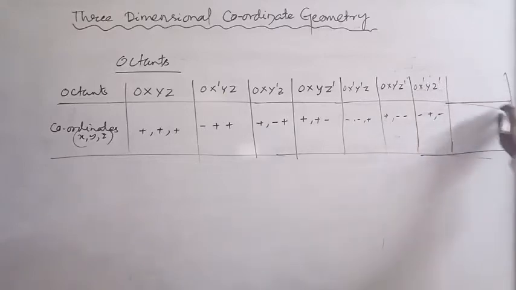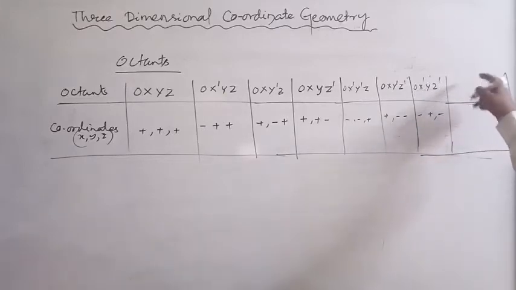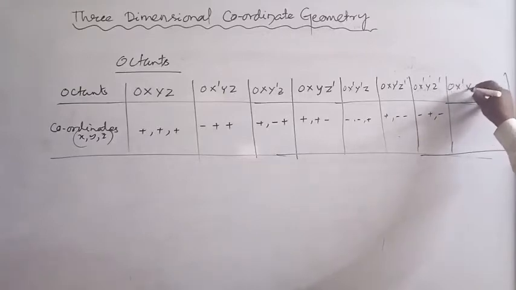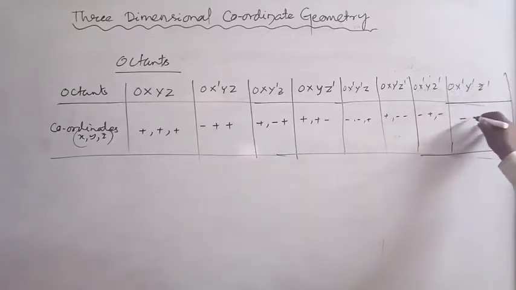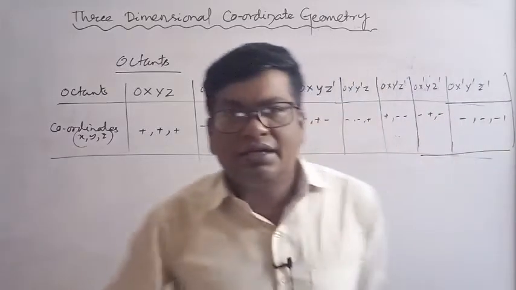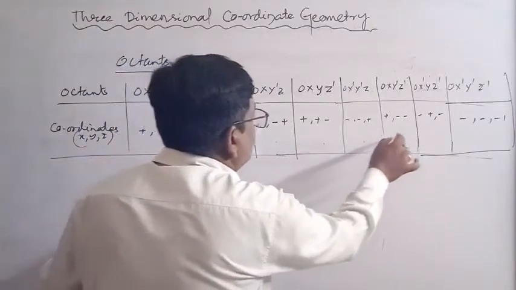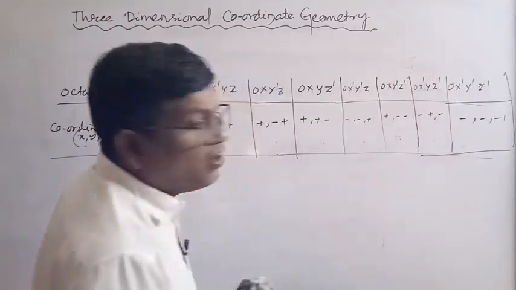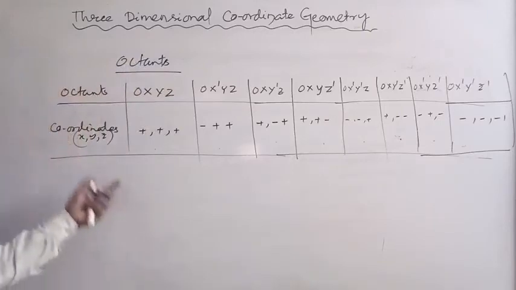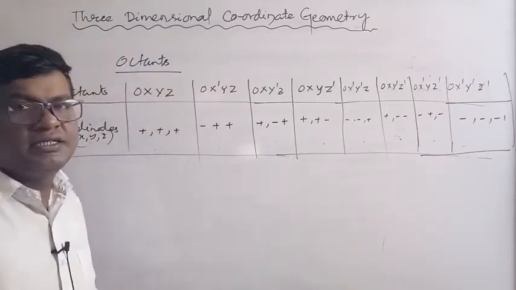Again this is O x' y' z': minus, minus, minus. So octants: there are 8 parts here, 1 2 3 4 5 6 7 8. These are octants and the signs of the coordinates.